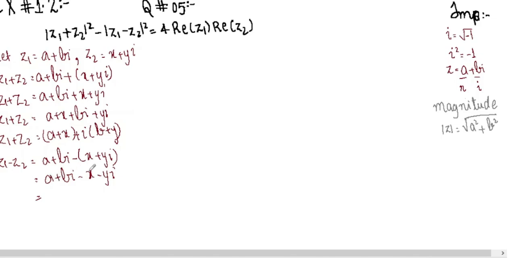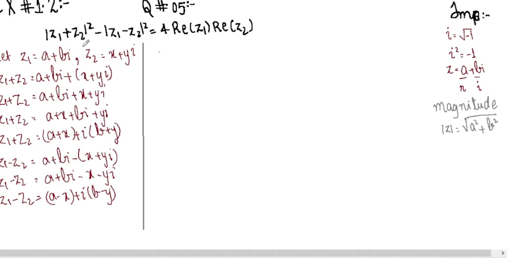Now we have to subtract the real parts and subtract the imaginary parts. A minus x is the real part, plus iota into b minus y, which is the imaginary part. Okay, don't forget to write it over here.